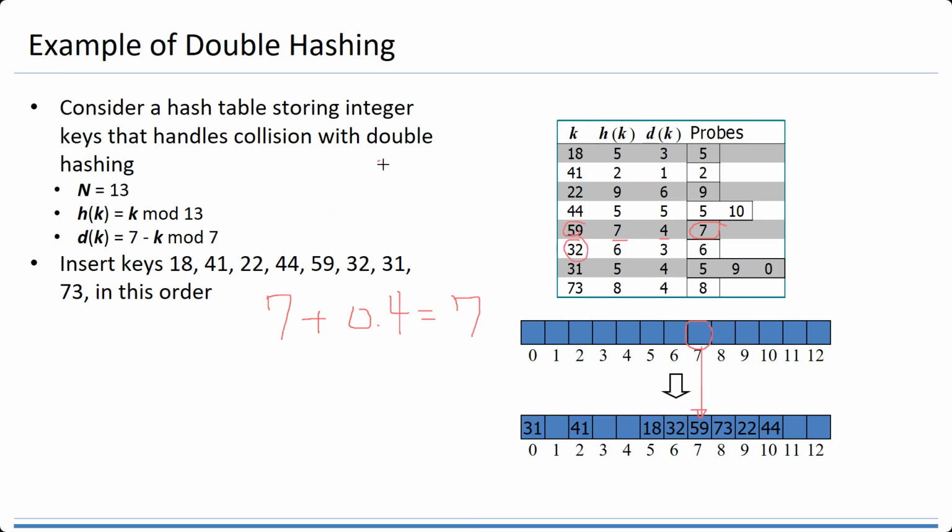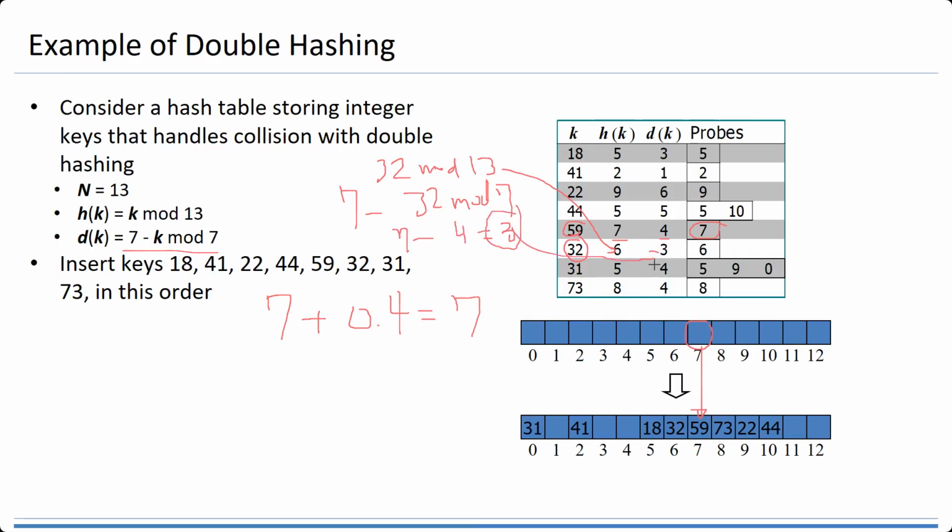32. Okay, same. 32 mod 13 is 6. And then we have another function, 7 minus 32 mod 7. So 32 mod 7 is 4. So 7 minus 4 equals 3.